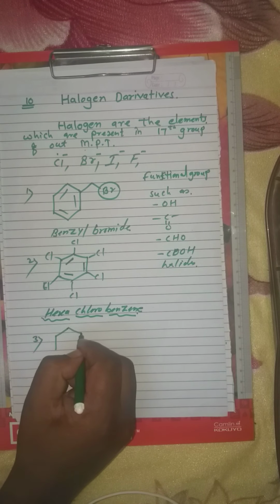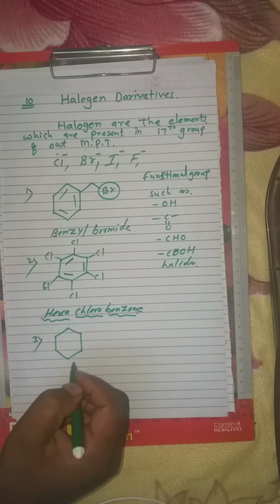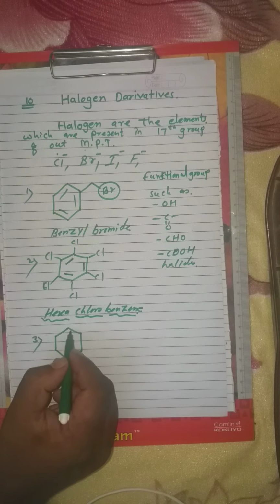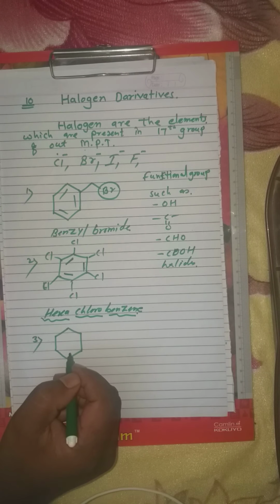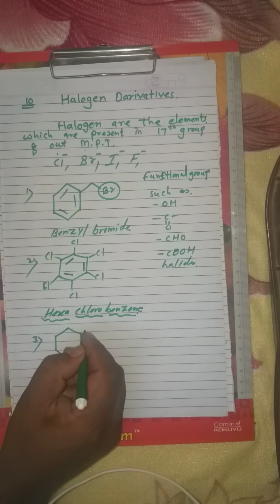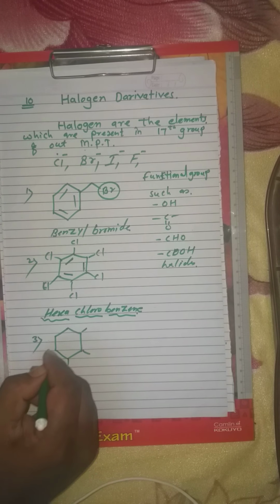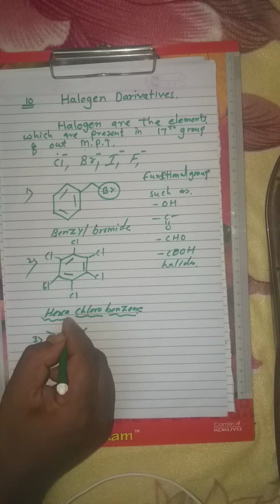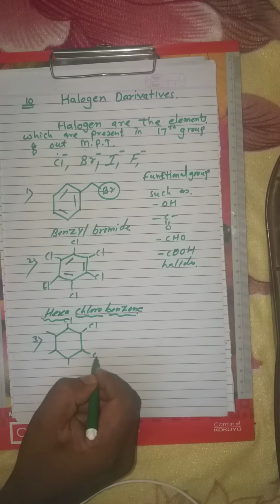It includes one cyclic ring, that is hexagonal cyclic ring, that is called as a cyclohexane, and to all 6 carbon atoms one chlorine is attached.